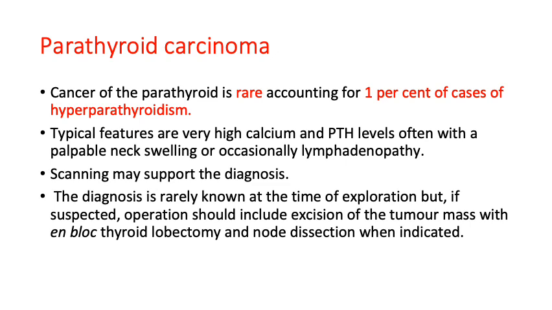The scanning may support the diagnosis of carcinoma. Regarding the surgical treatment, this should include excision of the tumor mass with en bloc thyroid lobectomy and node dissection when it is indicated.